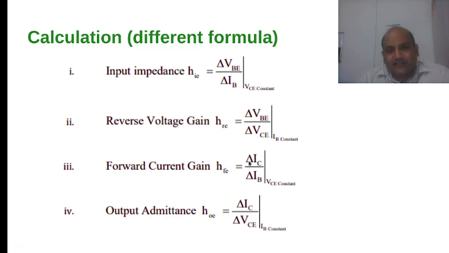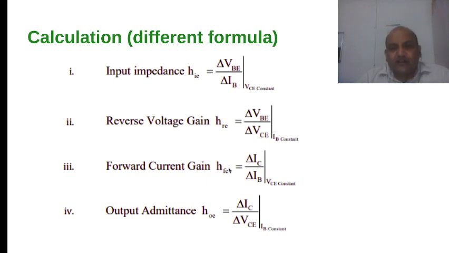Actually HFE is also calculated from this curve. I will tell you how you can calculate it. At constant VCE you will get HFE. And the reverse voltage gain you can also calculate from delta VBE upon delta VCE. Finally you can calculate the output impedance, that is delta IC upon delta VCE, when IB is constant. So this parameter and this parameter you will calculate from your output characteristic, and this parameter and this parameter you can calculate from the input characteristic.